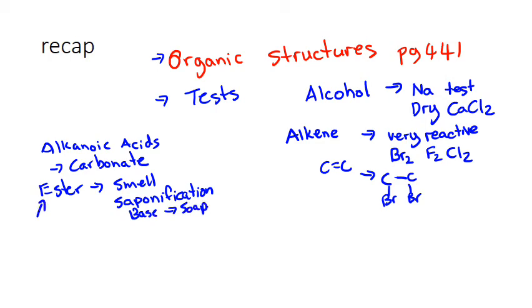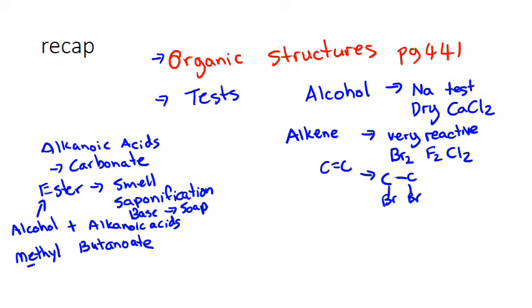Don't forget, esters are formed from alcohols and alkanoic acids, and they are named from the alcohol, for instance methyl, and then the alkanoic acid comes first. So for example, butanoate. Okay, so if I have the ester methyl butanoate, this is my alcohol, methanol. This is my alkanoic acid, butanoic acid. That's how it would be formed. Okay.